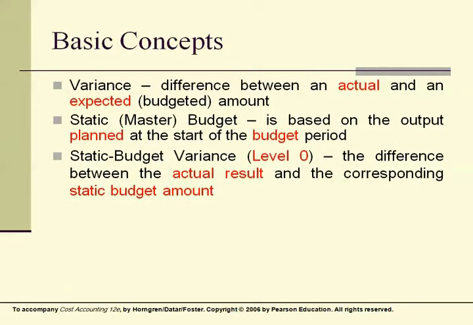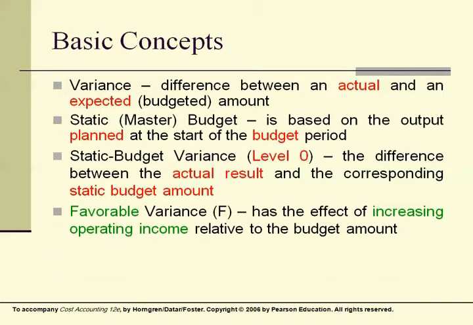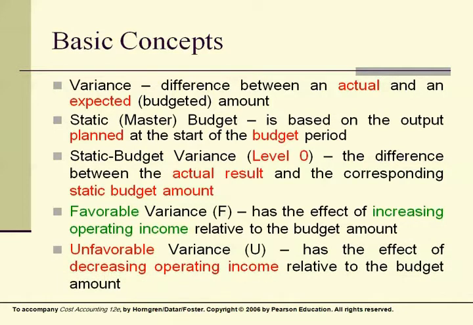Static budget variance, or level 0 variance, is the difference between the actual result and the corresponding static budget amount. Favorable variance has the effect of increasing operating income relative to the budget amount. Unfavorable variance has the effect of decreasing operating income relative to the budget amount.